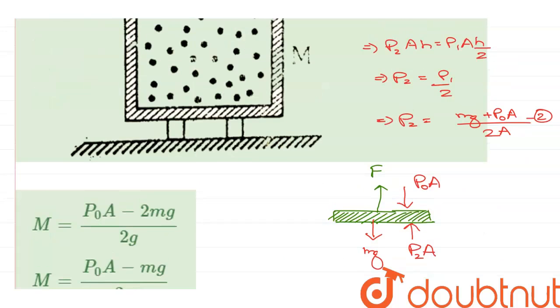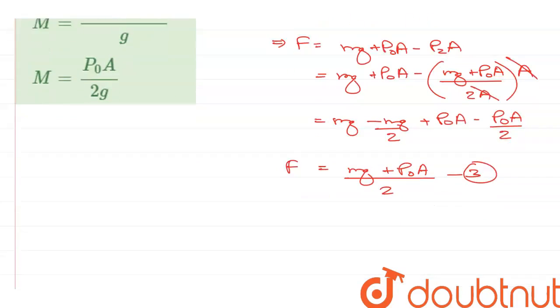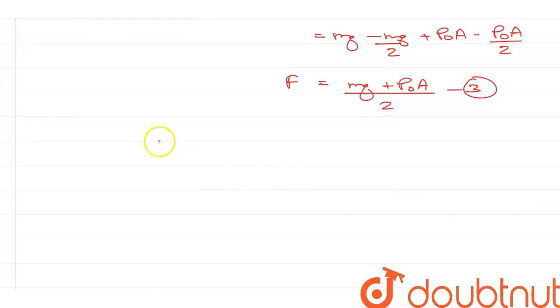Now let's do the free body diagram for the entire system, that is the piston and the chamber. Let's say this is your chamber and this is your piston at its maximum height.